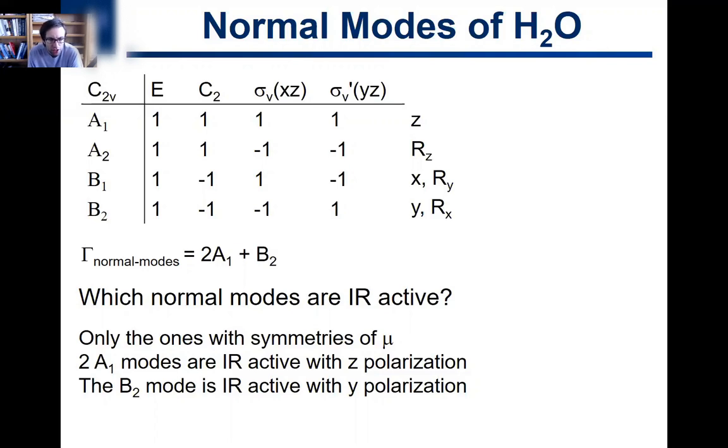But anyway, you're just looking at whether any of these modes have the same symmetry as the x vector, B1? The answer is no. B2, though, has the symmetry of the y vector, and so that tells you that this B2 mode is IR active with y polarized light or non-polarized light, right? And the two A1 modes have the same symmetry as the z vector, and so they're IR active with z polarized light.